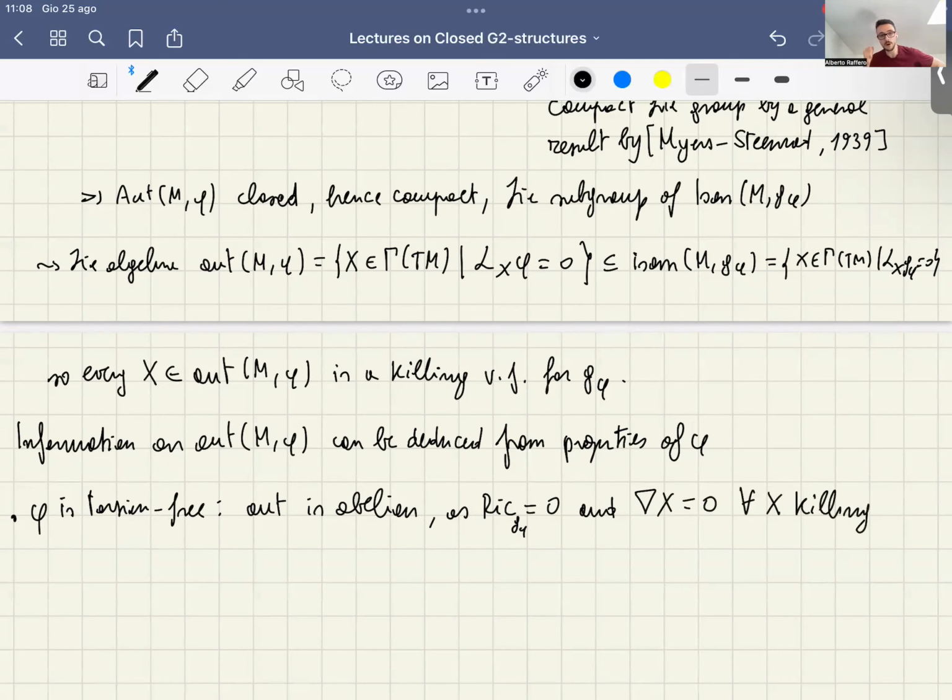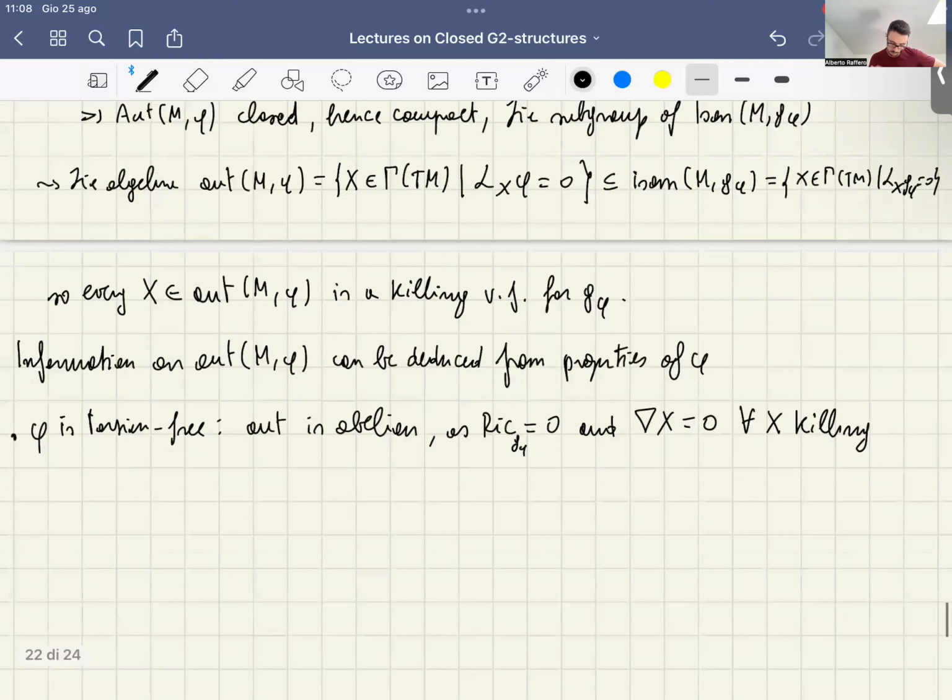And this follows from the Bochner formula on the compact manifold. So in particular, again, we have some parallel vector fields, and so they have to be preserved pointwise by the action of the holonomy group, by the holonomy principle.